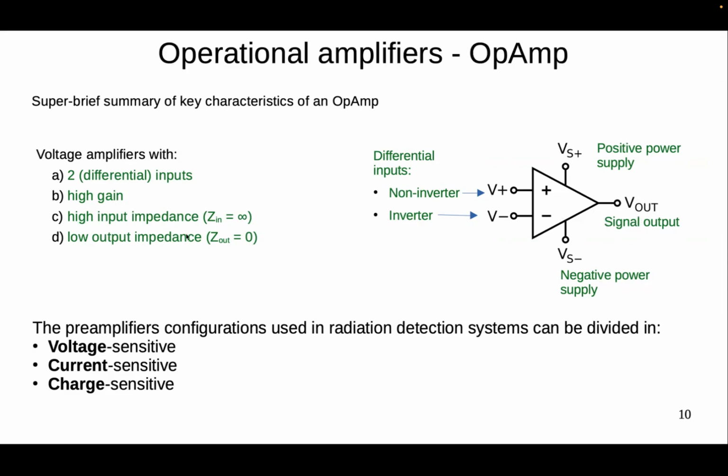These characteristics are key to understanding how this works. And regarding amplifier configurations in radiation detector systems, there are three basic kinds: voltage sensitive, current sensitive, and charge sensitive.